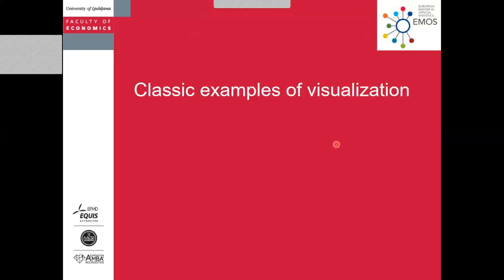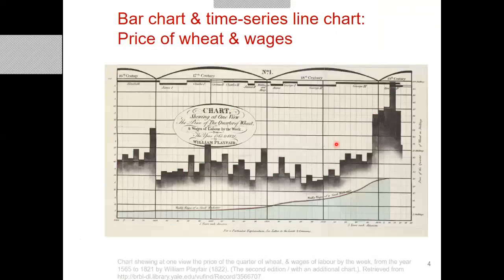Okay, I'll start with the most common charts of our time, bar charts and line charts. And the person that is generally acknowledged as the inventor of modern bar charts and time series line charts is a Scottish political economist, William Playfair. He used these charts to display empirical, mainly economic data.